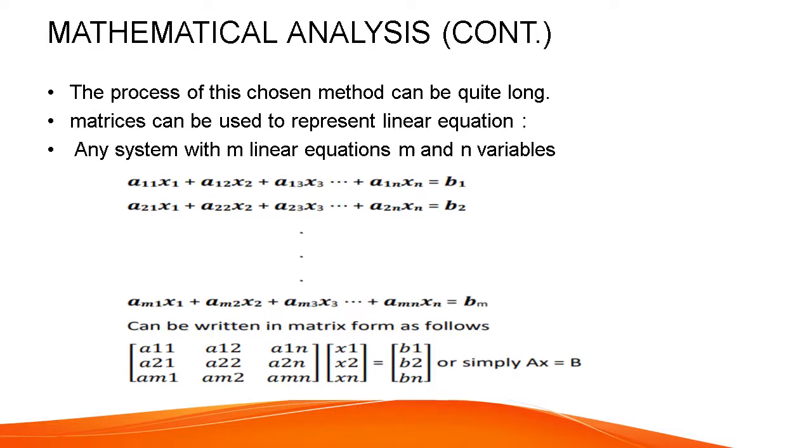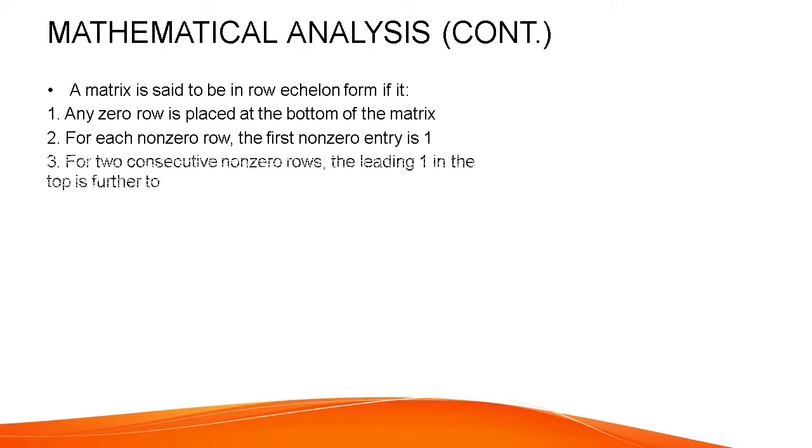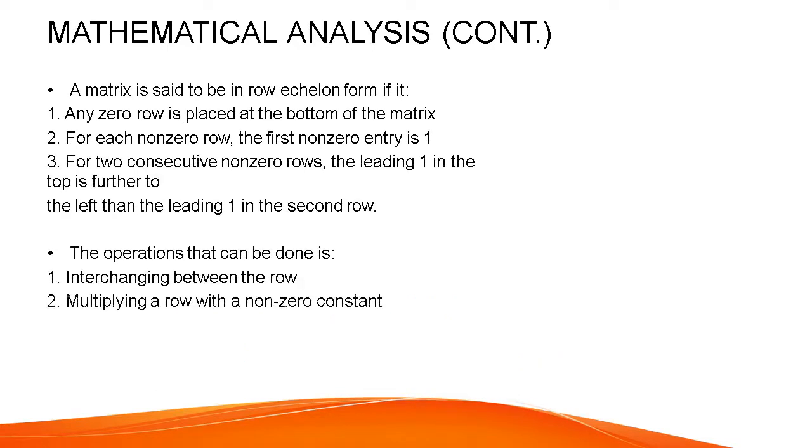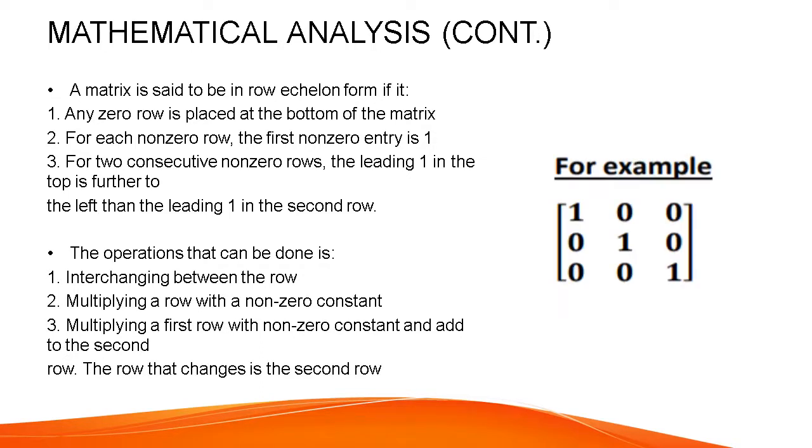This method is quite long, especially if the process of reducing the system to row echelon form involves many steps or operations. Therefore, matrices can be used to represent a system of linear equations. A matrix is said to be in row echelon form if, number 1, any zero row is placed at the bottom of the matrix.